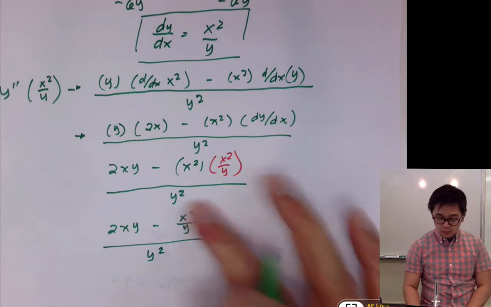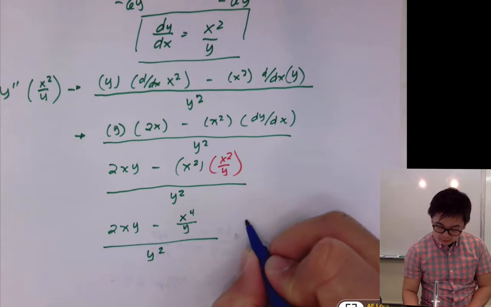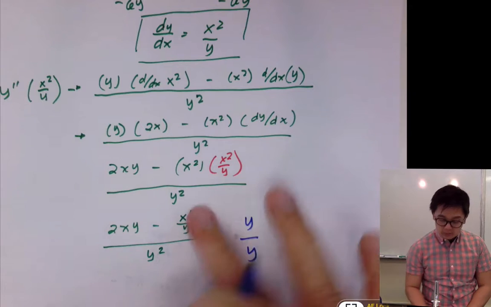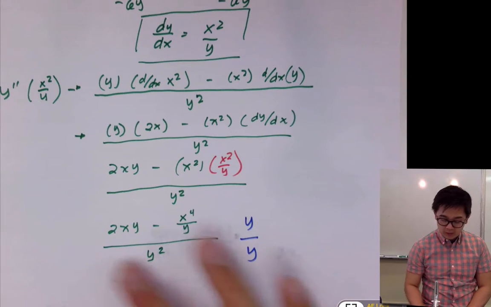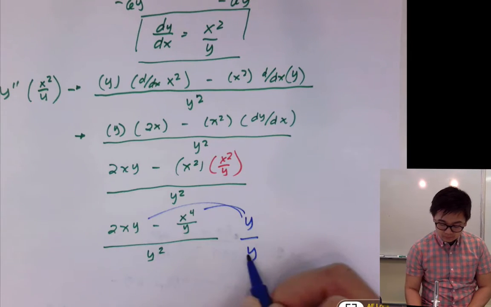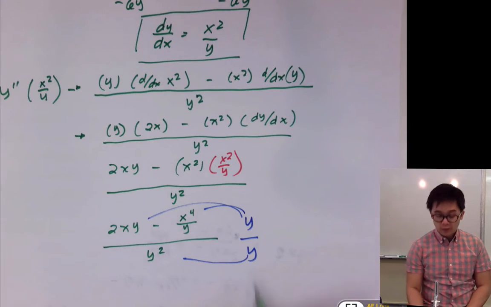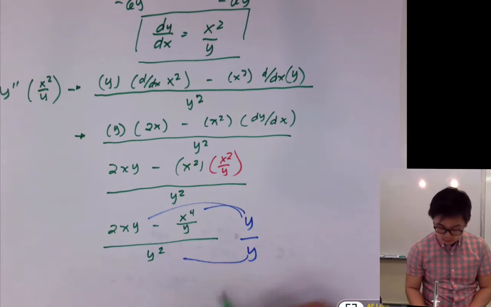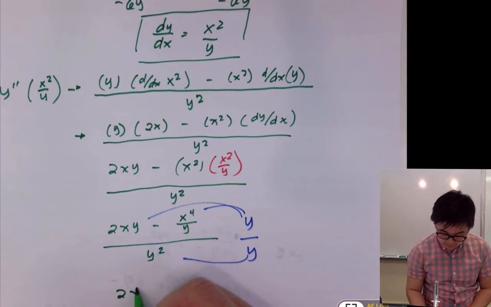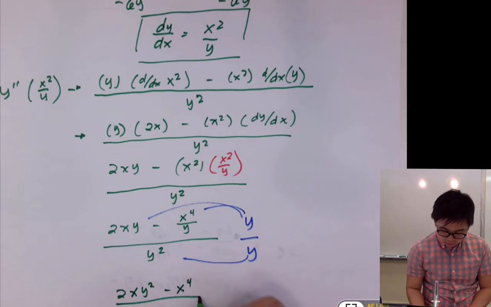And we know that we want to get rid of the complex fraction, and to do that, all we have to do is multiply the numerator by y and the denominator by y. And by doing so, we'll be able to get rid of the complex fraction in the numerator. So we'll have 2xy squared minus x to the fourth all over y cubed.